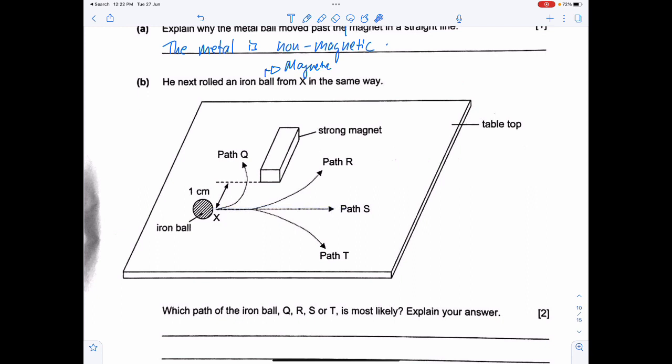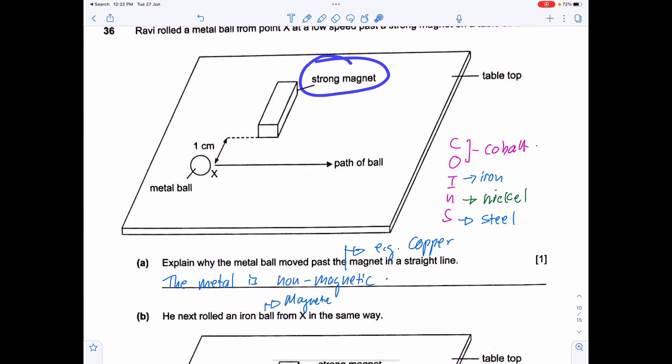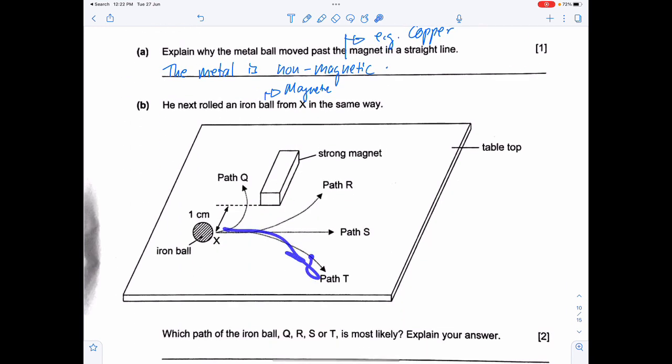S actually is plausible. But how come we don't take it? It's not the best, because it says strong magnet. And then T is a magnet that got repelled away. So that leaves R as the most plausible. While it's rolling in this way, when it rolls past, it gets attracted.